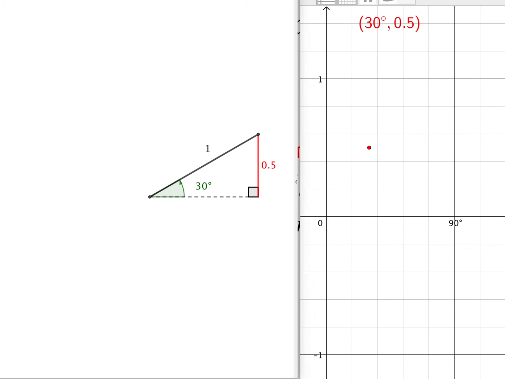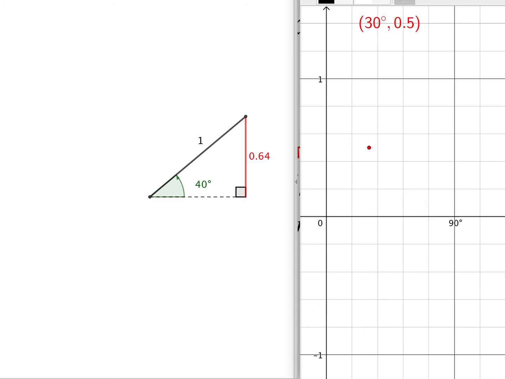Now if I change that angle and make it 40 degrees, the length of this line is now 0.64. That's the value of the ratio opposite over hypotenuse because it's 0.64 for this side over 1. So this red line is the length of the opposite, but it's also the value of the ratio since we've fixed the hypotenuse at 1.